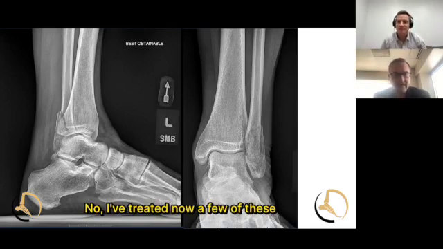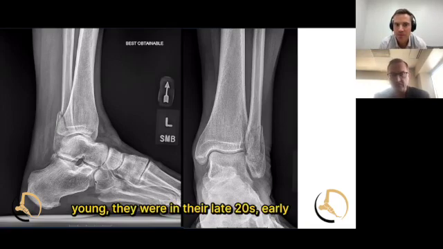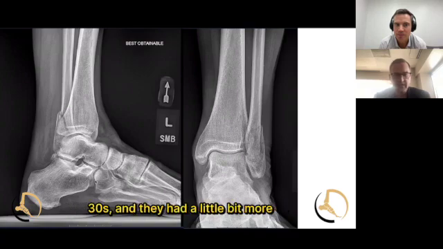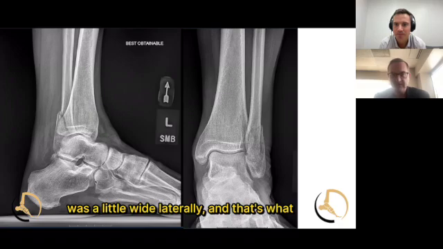No, I've now treated a few of these non-operatively. I did a similar one, a recent patient, very young, in their late 20s, early 30s, with a little bit more displacement, but his mortise was intact. The talus was under the tibia, and it was a little wide laterally, and that's what I struggle with.